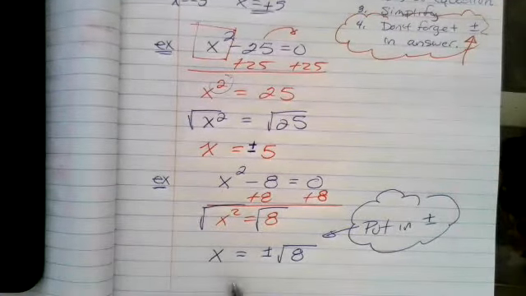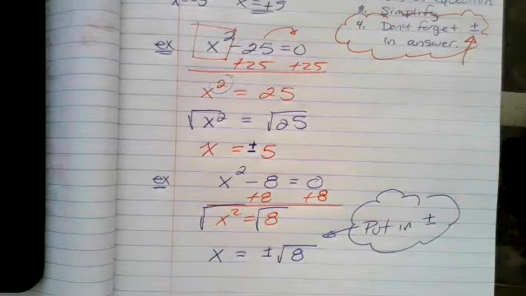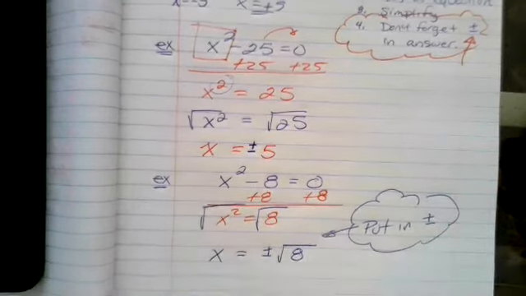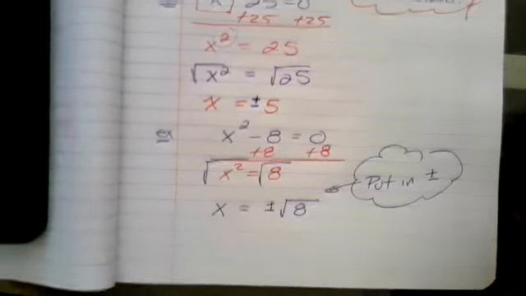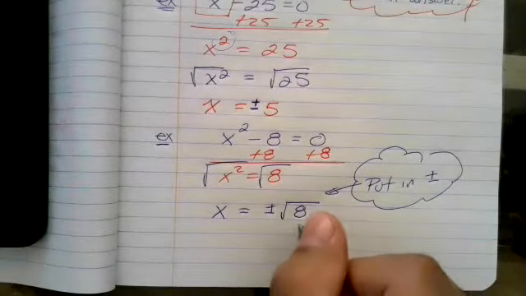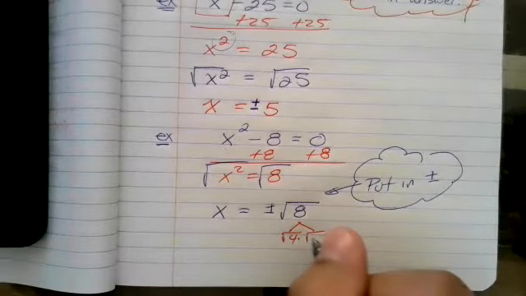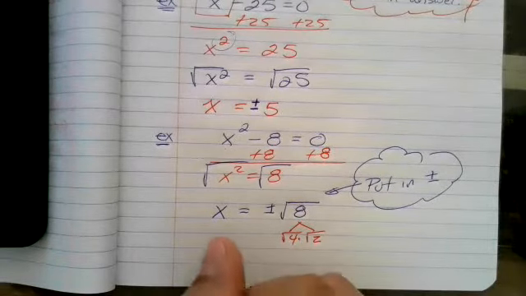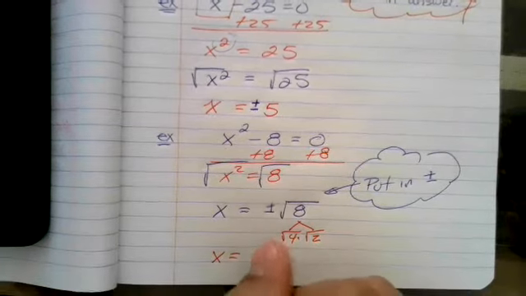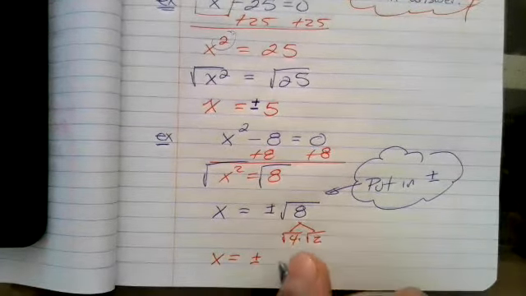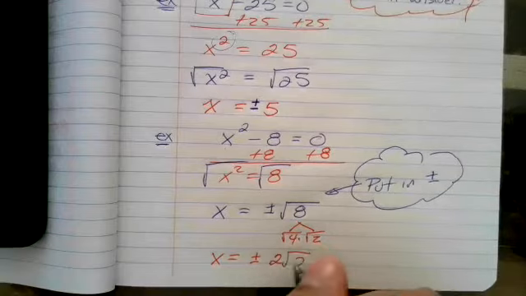So we've solved for x. X is equal to plus minus radical 8, which is fine, except radical 8 isn't in the simplest radical form. This could be simplified a little bit more from what you know about radicals. This could be broken up as 4 times 2. So my answer in simplest radical form would be plus minus 2 rad 2.